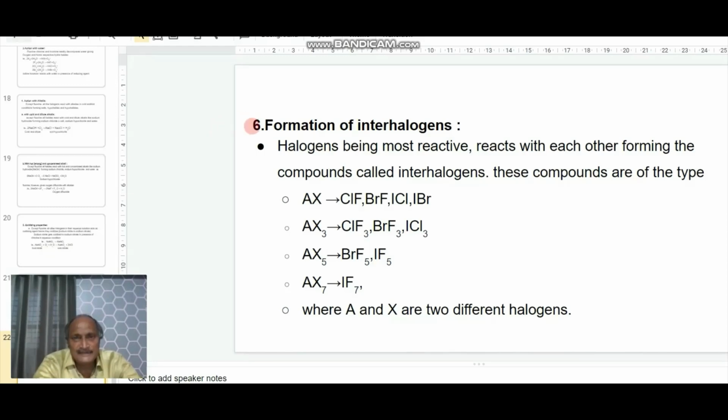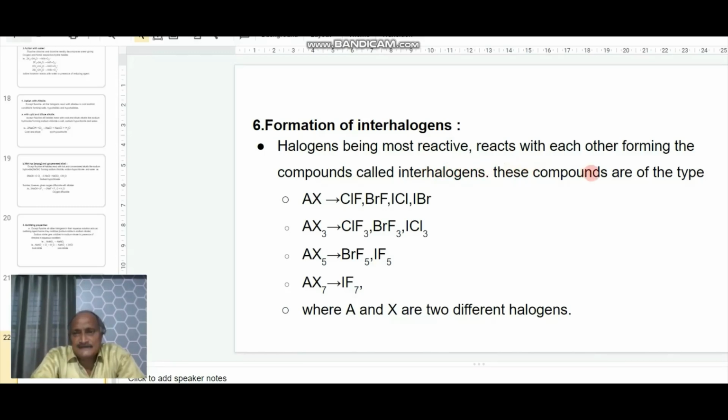Formation of interhalogens. Halogens being most reactive, they react with each other forming compounds called interhalogens.